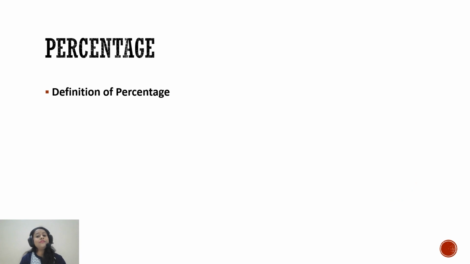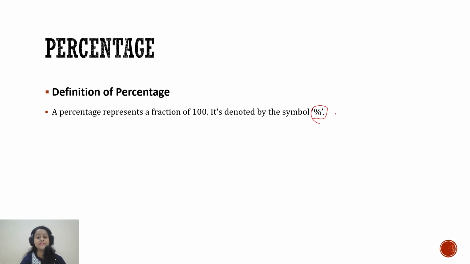Any value, if you want to represent it out of 100, because we always take 100 as a base value, then it is called percentage, and percentage is always denoted by this symbol, right? We all know about the percentage symbol. Percentage is actually unit free. We need not write any unit if we represent any number in percentage, that is out of 100.